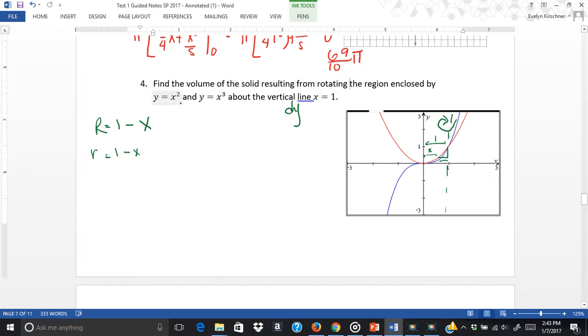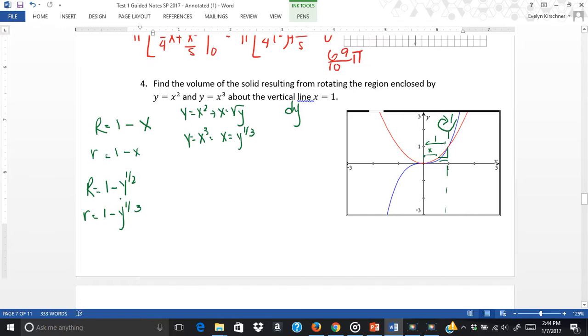So what I need to do is make these functions of y. y equals x squared is the same as x equals the square root of y, and y equals x cubed is the same as x equals the cube root of y. So my big R is really 1 minus y to the 1/2, and my little r is really 1 minus y to the 1/3.